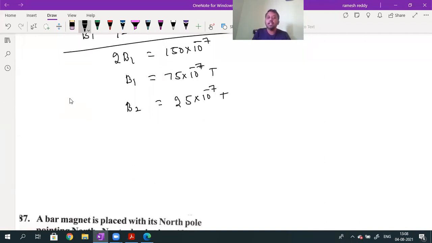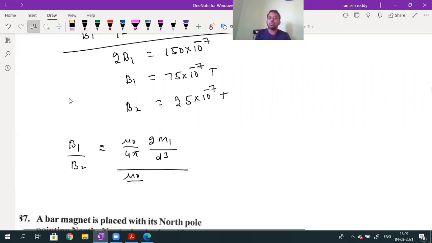B1 is the magnetic field induction due to AB on the axial line. B2 is the magnetic field induction due to CD on the equatorial line. So what is B1 by B2? The B1 by B2 ratio will be given by mu naught by 4 pi into 2 M1 divided by d cubed, by B2, the magnetic field induction due to CD on the equatorial line, mu naught by 4 pi into M2 divided by d cubed.